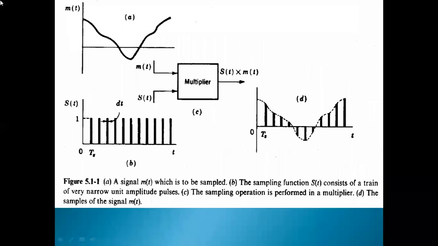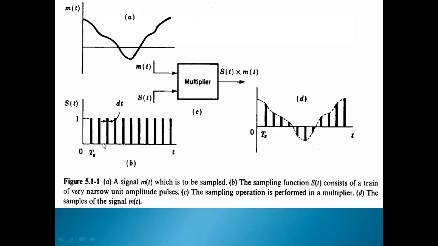So that process may be explained in this figure. Suppose a message signal is considered. This is the m(t) continuous signal, and there is s(t), the sampling function, which contains a train of unit amplitude pulses.